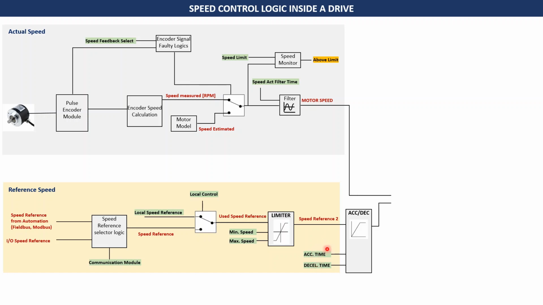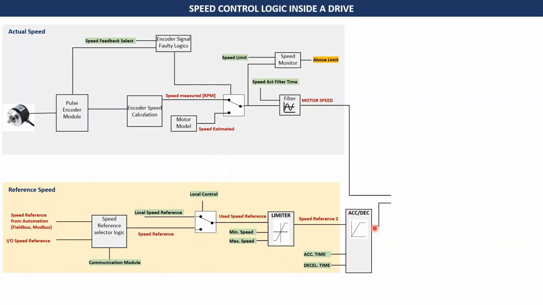There can be other parameters also for this block, but these two are the most important ones. What it does is, you never pass a step change in the speed reference to a drive. It always has to be a ramp so that the drive can smoothly catch up the actual speed, or the change in speed to the motor is very smooth and there are no spikes in torque.